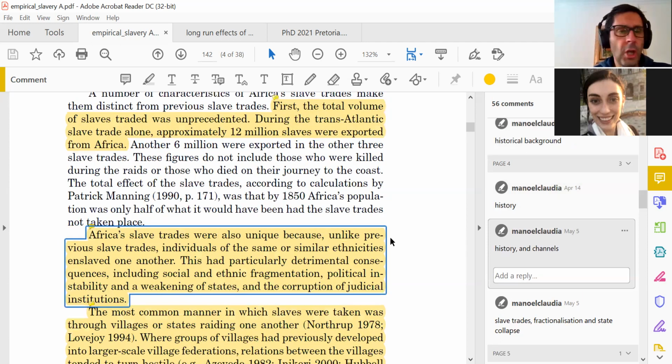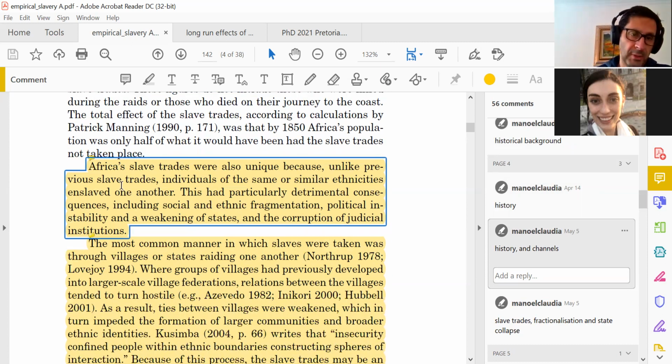Africa's slave trades were also unique because, unlike previous slave trades, individuals of the same or similar ethnicities enslaved one another. And this had particularly detrimental consequences, including social and ethnic fragmentation, because one ethnicity enslaving another will probably generate ethnic fragmentation.